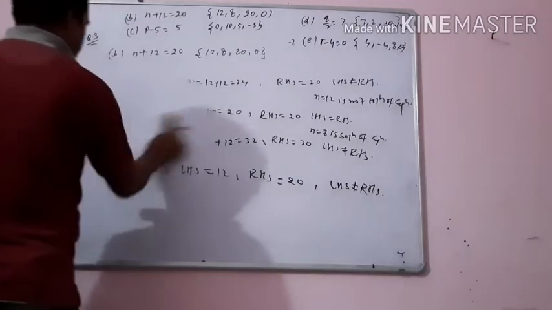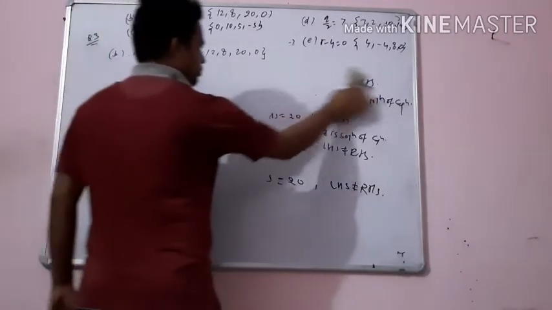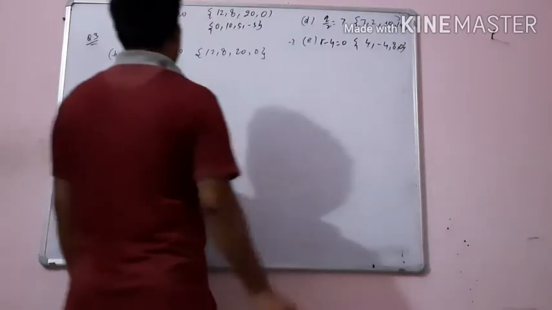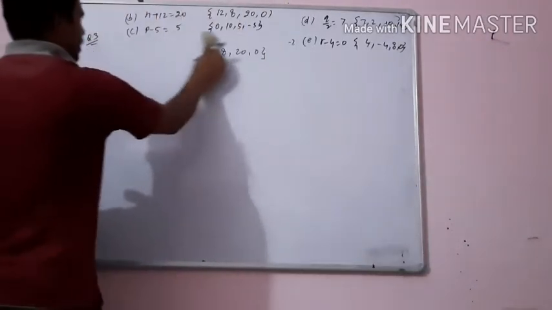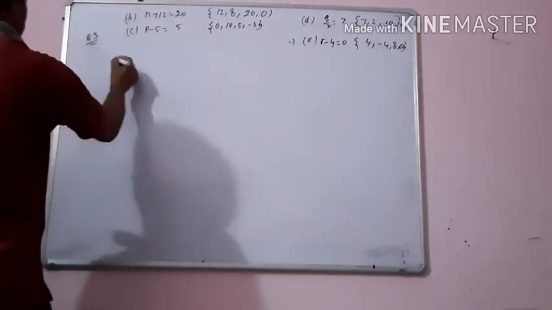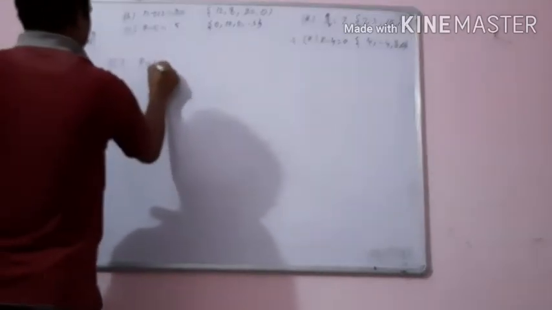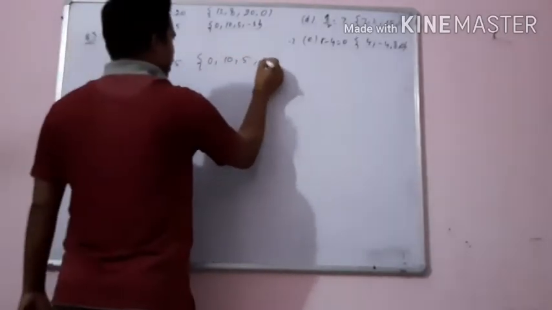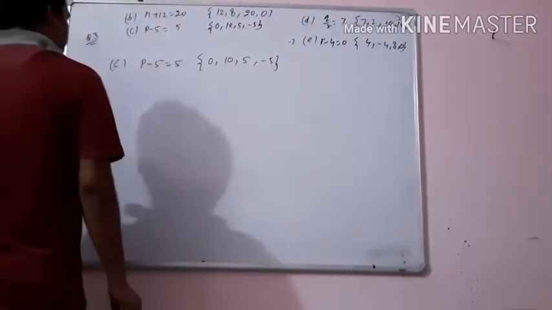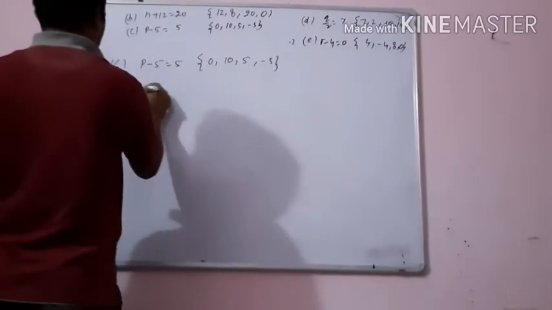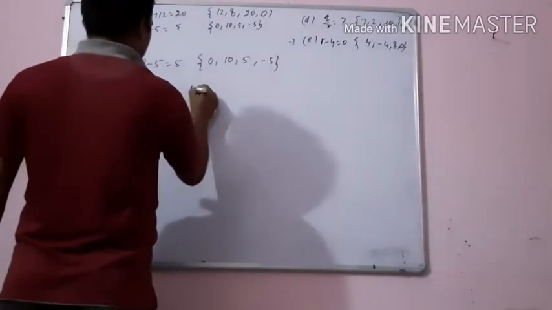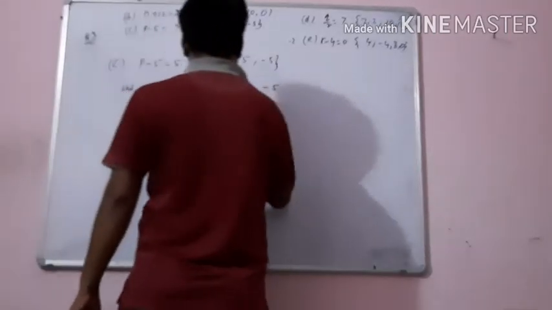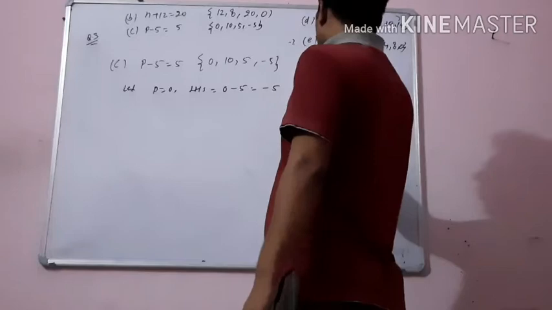Now question B we have done. Now moving to question C: p minus 5 equals 5, and the given values are 0, 10, 5, minus 5. Let p equals 0. LHS will be 0 minus 5, minus 5, and RHS equals 5.